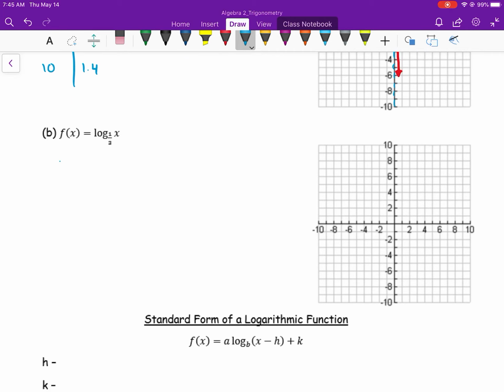Alright, for B, again, using the table, using the calculator, I'm going to use 1, 3, and 9. 1 gives me 0, negative 1, negative 2. Vertical asymptote.